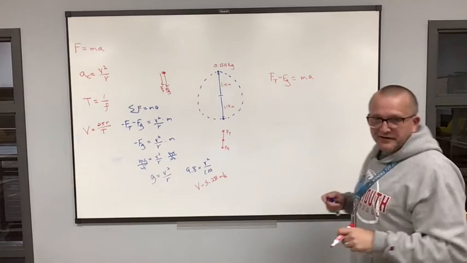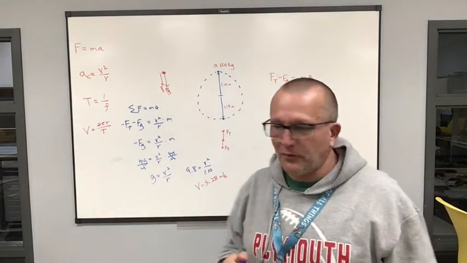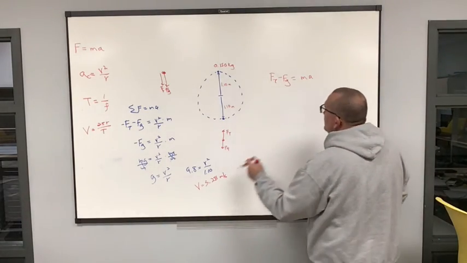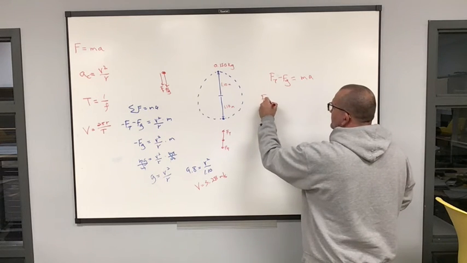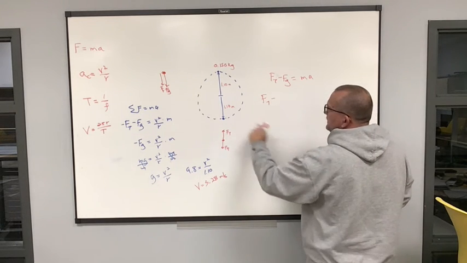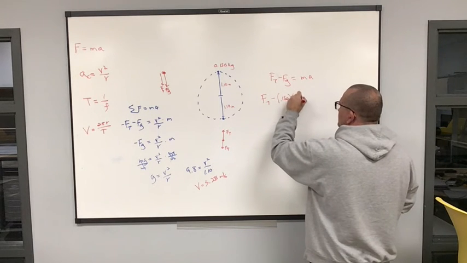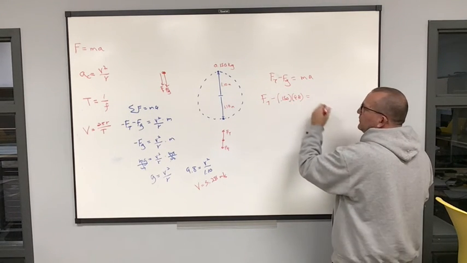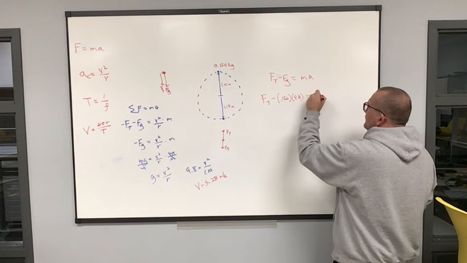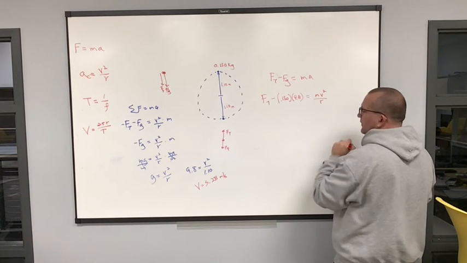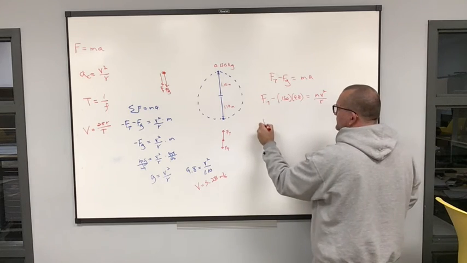We're trying to find the force of tension if the velocity is twice as much as this. My Fg is going to be 0.150 times 9.8, and that equals mv squared over r. I'm going to keep substituting here.